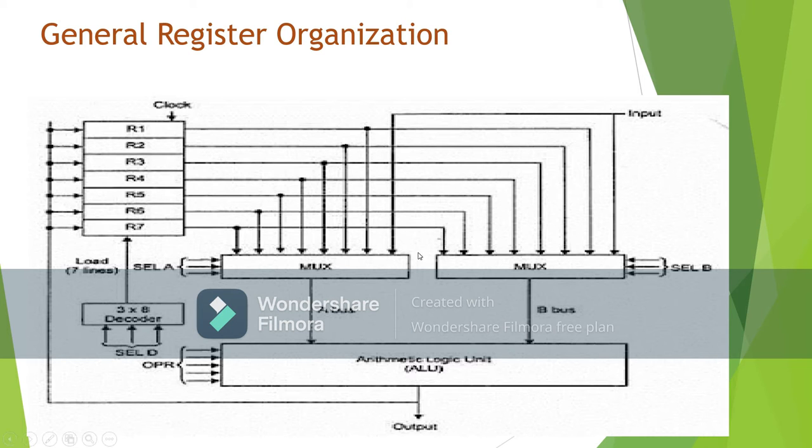So here we need to select 2 registers, and that's why 2 multiplexers are here. This is an 8:1 multiplexer, and that's why it has 3 select lines. This is multiplexer A, and these are the select lines of multiplexer A, that is select A, and these are the select lines of multiplexer B, that is select B.